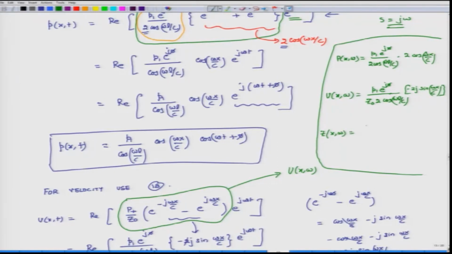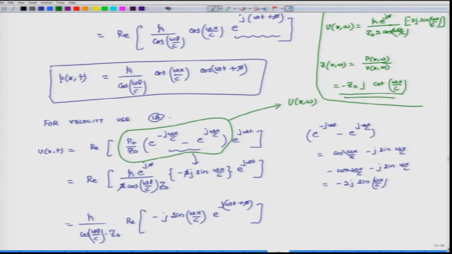So, that is equal to P x omega over U x omega, and if you do the mathematics, P1 e to the j phi and 2 cos omega L over C all cancel out. Essentially what you end up getting is Z naught j cotangent omega x over C, and of course, there is a negative sign.